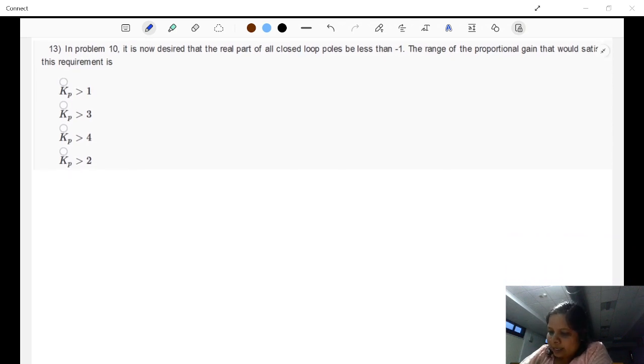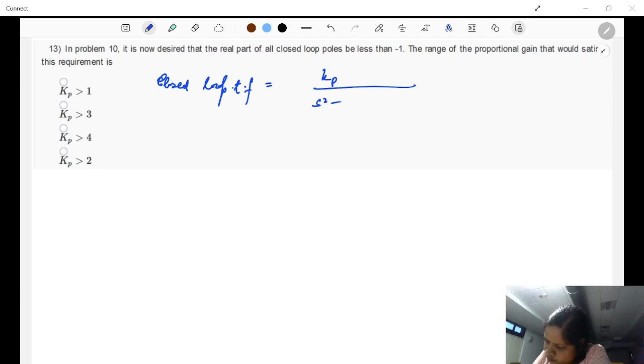Okay. So again it is related to the same question. What was your closed loop transfer function? In the earlier case, I'll copy that for reference. Okay.